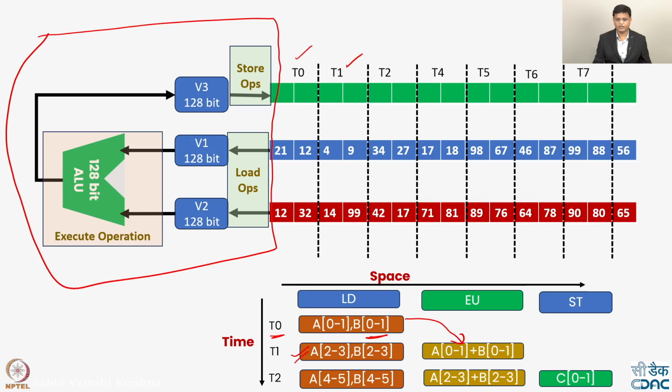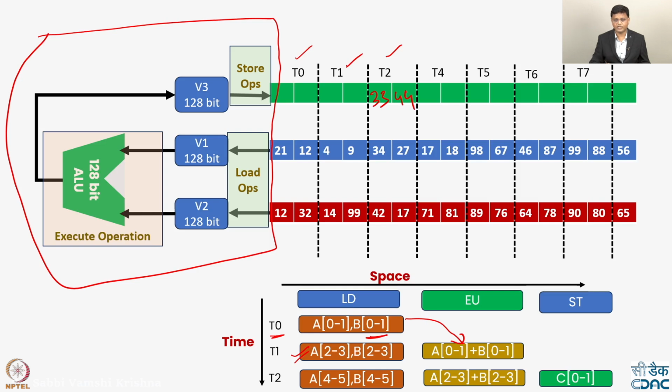And the same thing will happen at the next cycle. At the T2 cycle, as per my nomenclature, two elements will produce the output. Here you can see the output will be 33 and 44.